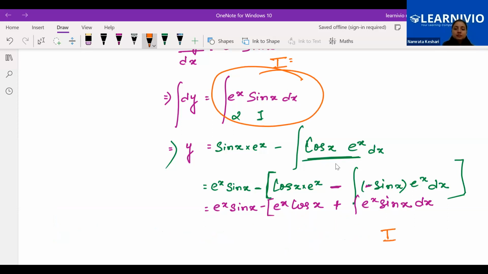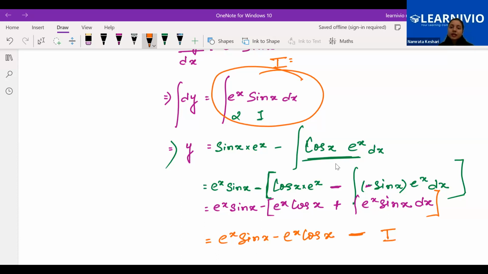Right, Murtaza? Yes, ma'am. So we will be writing I only. So e to the power x sin x minus e to the power x cos x minus I, shall I write?